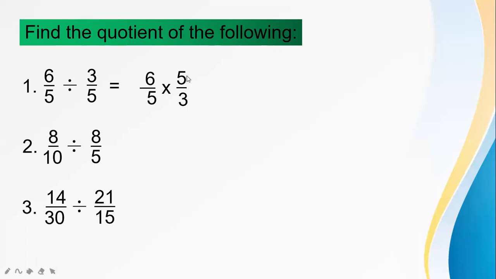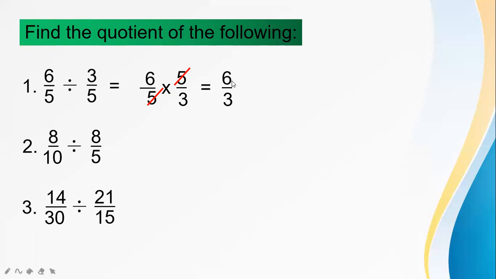Since these are common factors, you cancel the common factor. And then this will be the remaining factor. We have 6 over 3. So 6 over 3, and then you divide because 6 can be divided by 3.